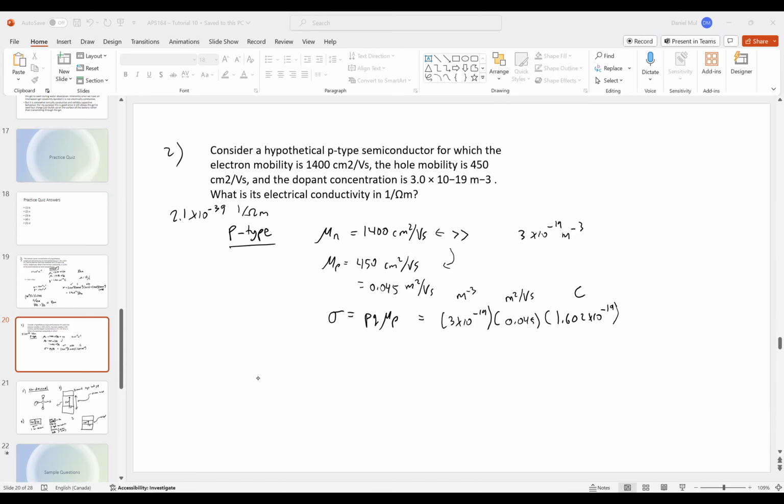And that should give you 2.1627 times 10 to the minus 39.